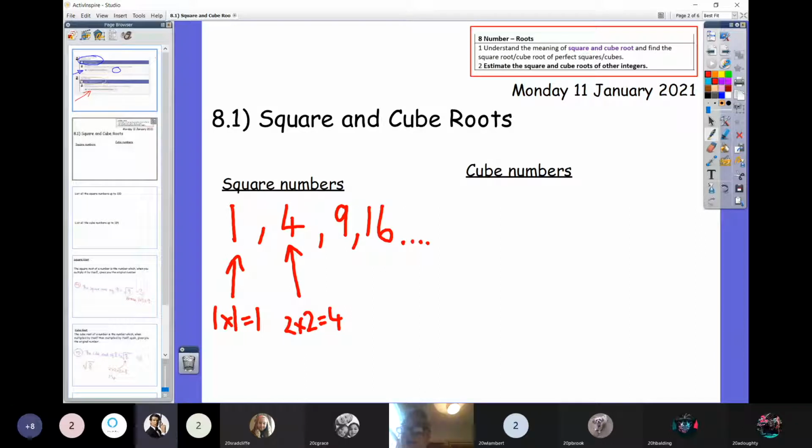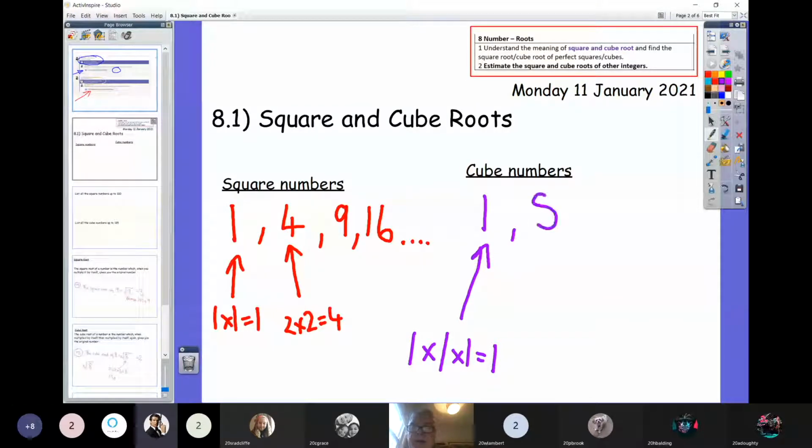Now a cube number is what you get when you multiply a number by itself and then by itself again. So 1 is a cube number because 1 times 1 times 1 equals 1. Now have a little think. What do you think the next cube number is going to be? Don't call it out, don't unmute, but just have a little think in your mind.